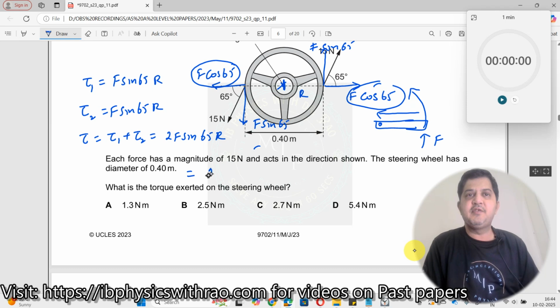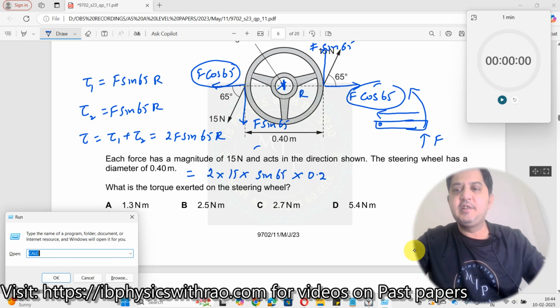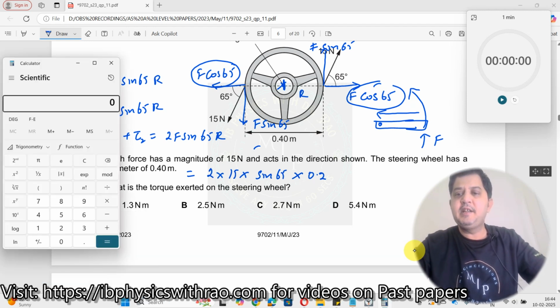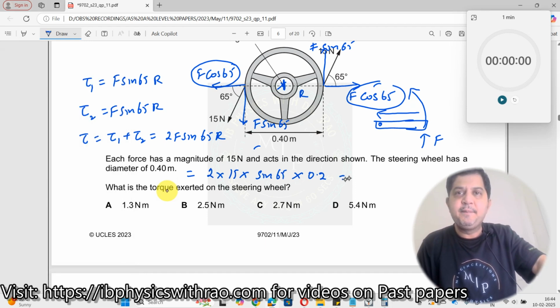Now what is this value? Let us substitute all the values: 2 into 15 into sin 65 multiplied by the radius, which is 0.2. Let us calculate. 2 into 15 into 0.2 first gives 6, so this should be 6 sin 65.